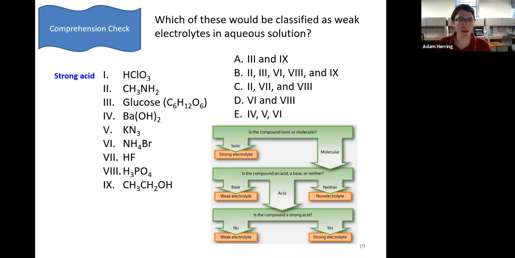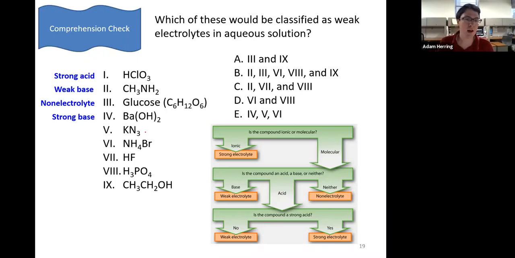However, this is a base. This is an amine. Therefore, it's a weak base. For glucose, we should recognize this as molecular, but as neither acid nor base. This is a non-electrolyte. Barium hydroxide, you should be able to recognize both as an ionic compound as well as one of our strong bases.